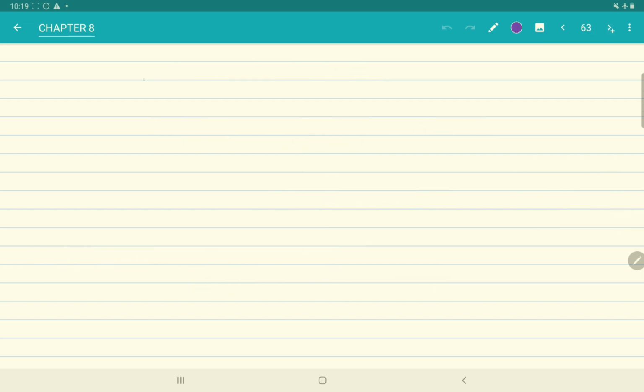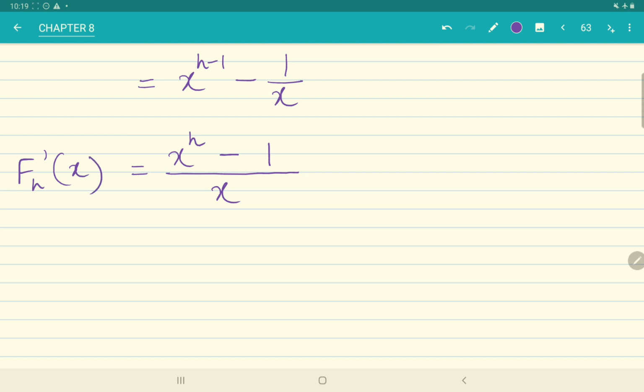So that can be written as x raised to the power h minus 1 minus 1 by x, which can then be written as this. So this is my f h prime x.